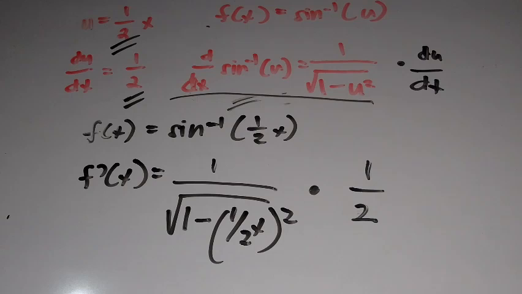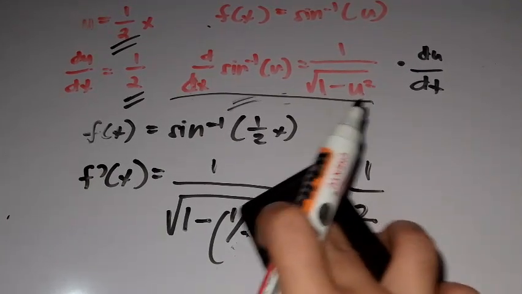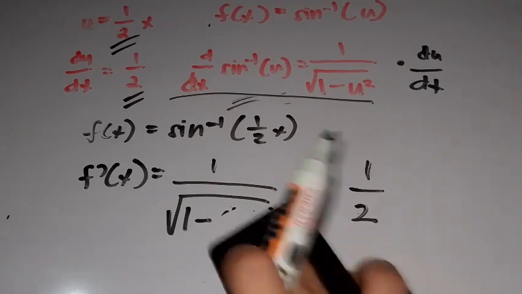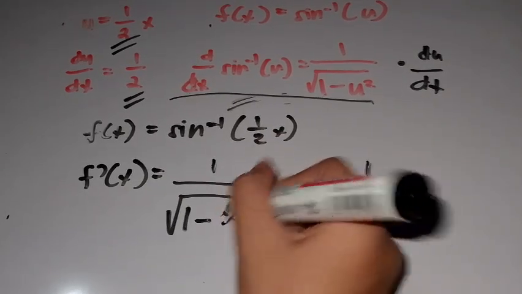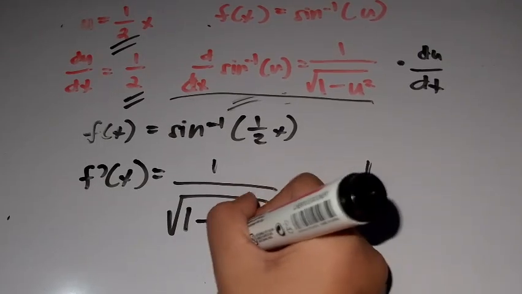Now, we can simplify 1/2 x squared. So 1/2 x squared becomes x squared over 4.